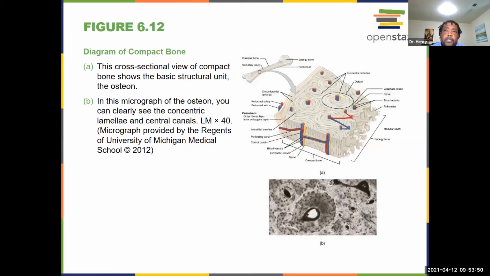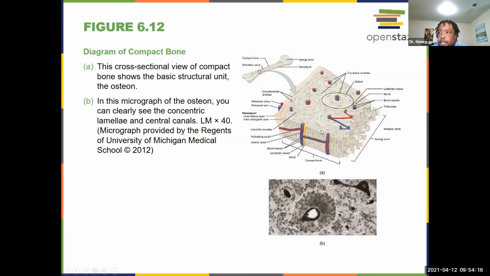Okay, so this is basically just a cross section of a piece of bone, right? You can see that the tissue organization is very complex. We have lymphatic vessels, we have nerves, we have blood vessels. We have what is called spongy bone, so basically cavities, right?